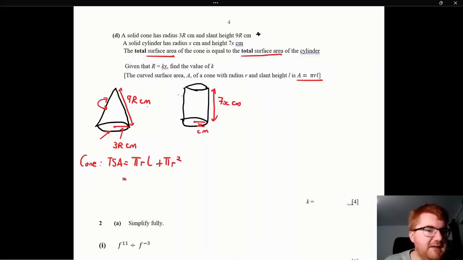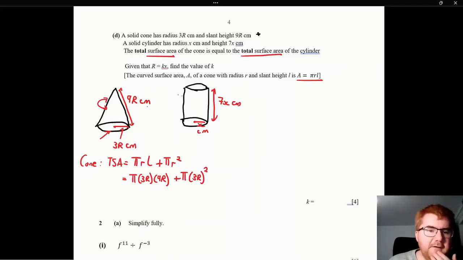Okay, so let's pop things in. So we have pi lots of 3r times 9r, plus pi r squared, so pi times 3r all squared.